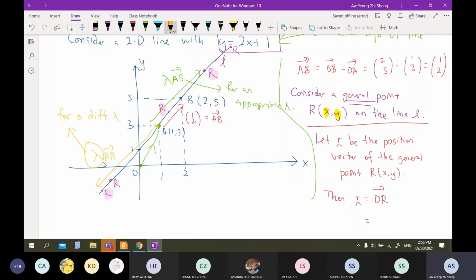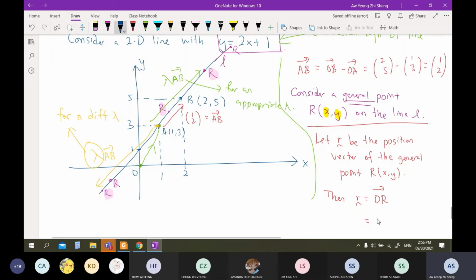This time, my lambda needs to be a negative value because I'm going in the direction opposite of the red vector. So regardless of whether my R is somewhere far away at the top or somewhere at the bottom, it's always possible to reach it by taking the path OA followed by lambda AB, for an appropriate value of lambda.